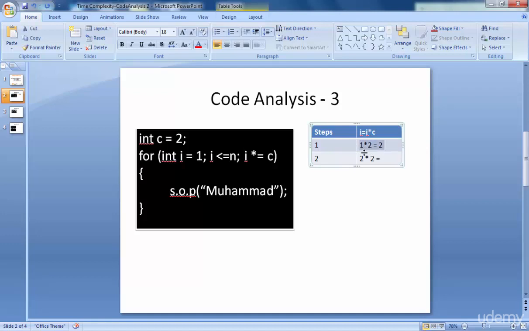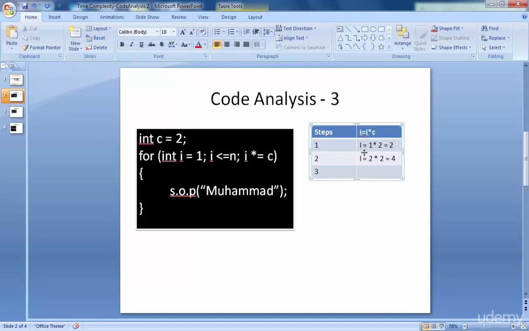Or you can also write it like this: I equals 1 multiplied by 2, equals 2. Now in the second iteration, I equals 2 multiplied by 2, equals 4.